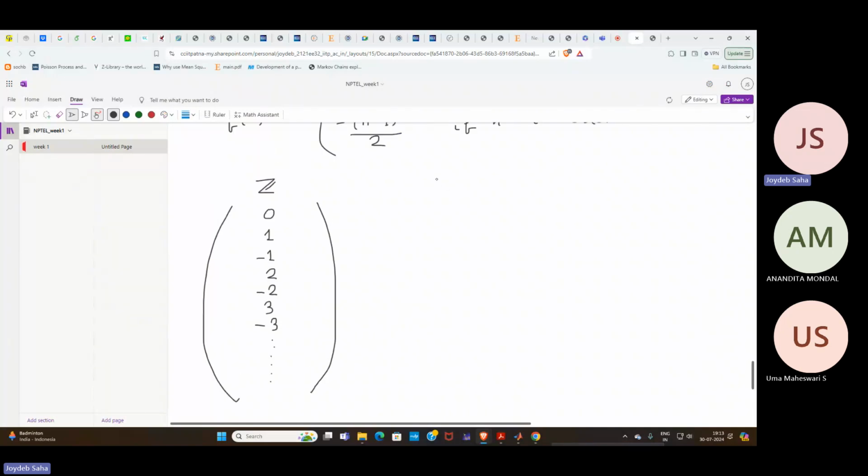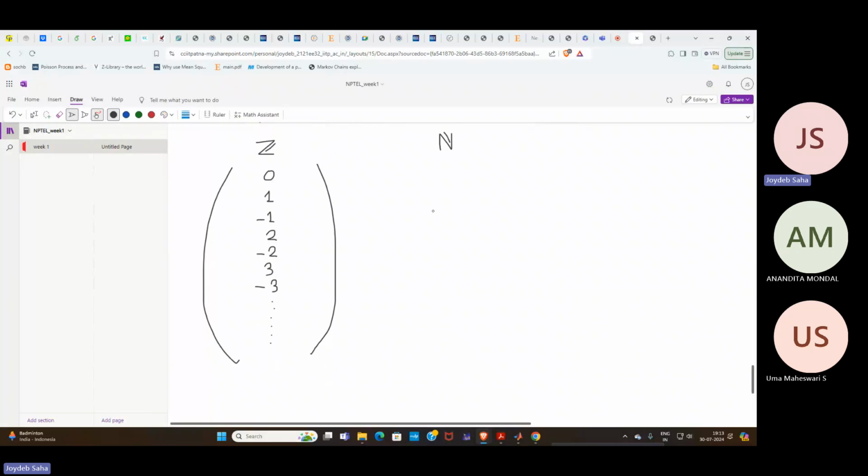And this is the set of natural numbers. And so on.